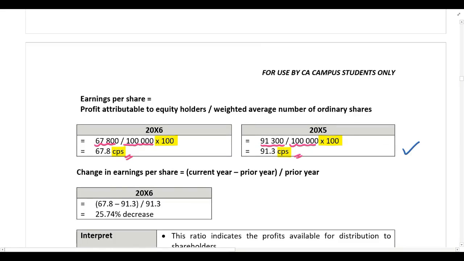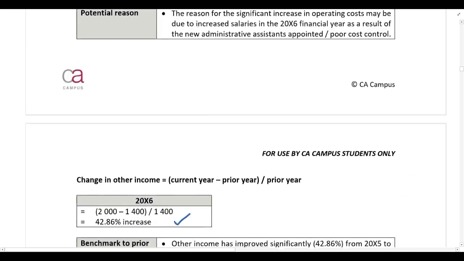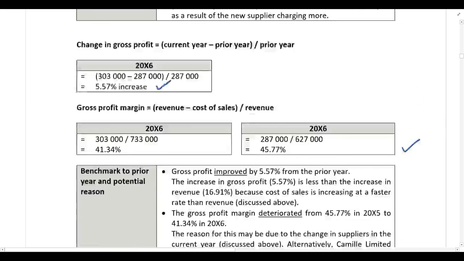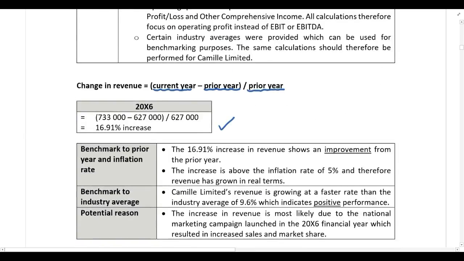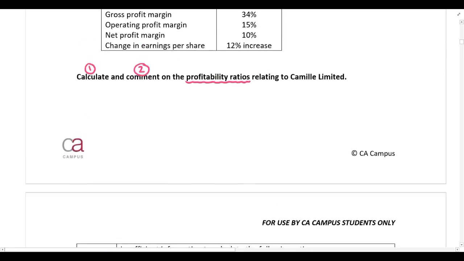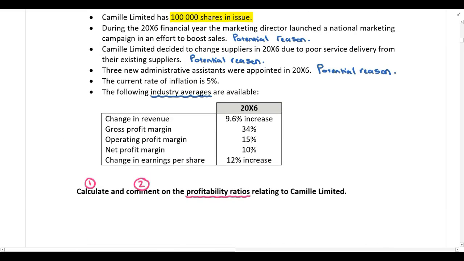Let's just go back to the lecture example and make sure that we have performed all necessary calculations. Please note, like I said, you must let the information provided in the question guide you. Wherever you are given industry averages, guys, this is going to be used for benchmarking purposes when it comes to our discussion.